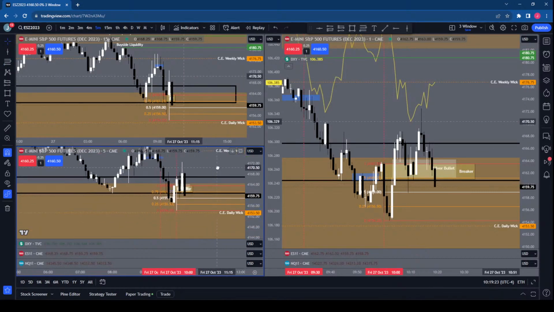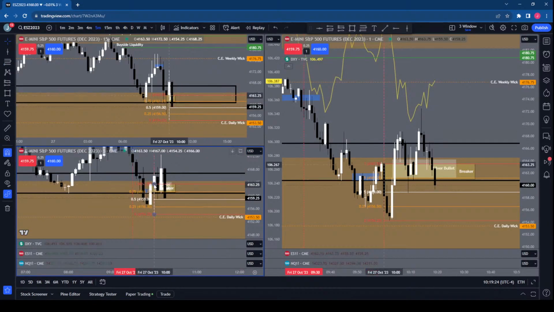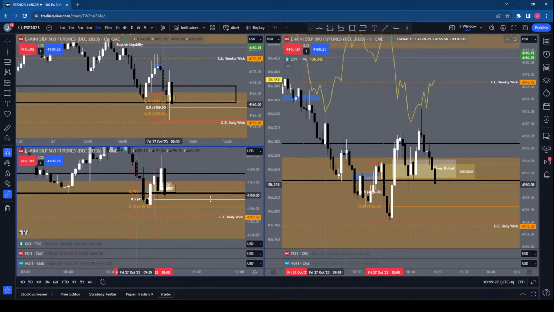You can see on the 5 minute, this 5 minute wick, the next candle came down to the consequent encroachment of it really nicely right here.